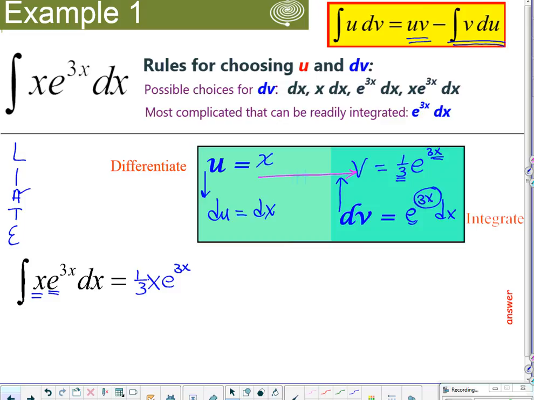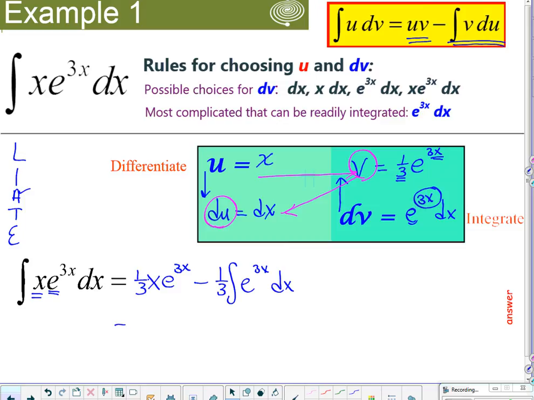And then the next thing I do is I take v times my du. So then I kind of think of my diagonal here. Now I'm going to minus the integral of v du, 1/3 e to the 3x dx. I'm just substituting in those parts.